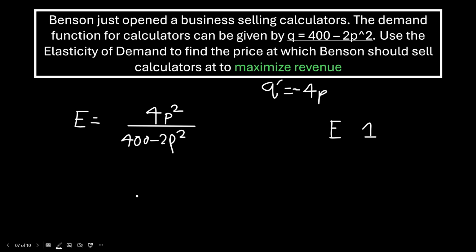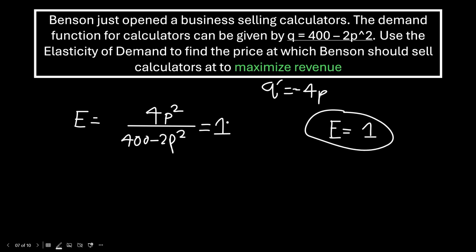But if E is equal to 1, then prices should remain the same, meaning this will be our maximum revenue. So we take our equation here and set it equal to 1.